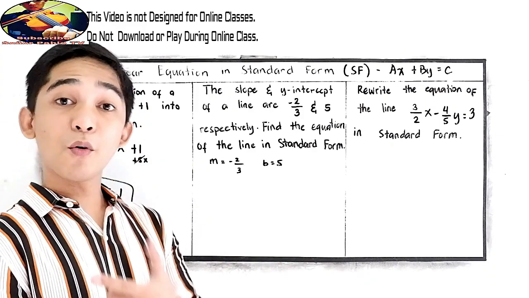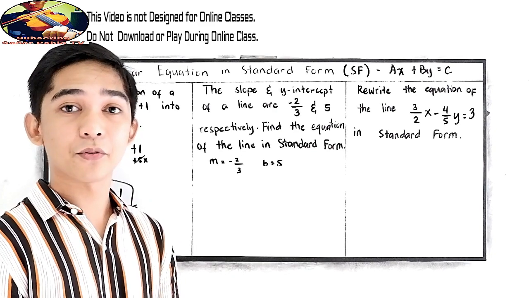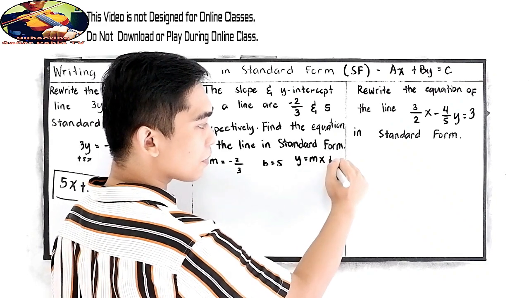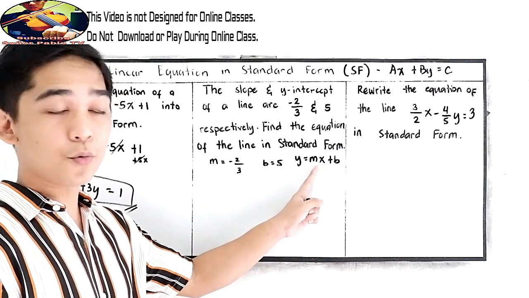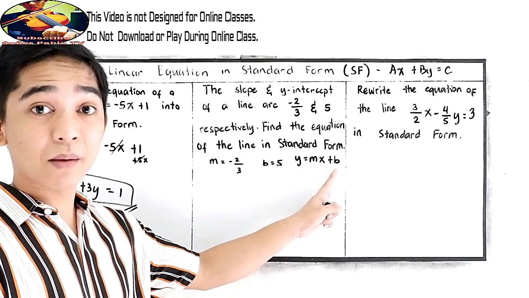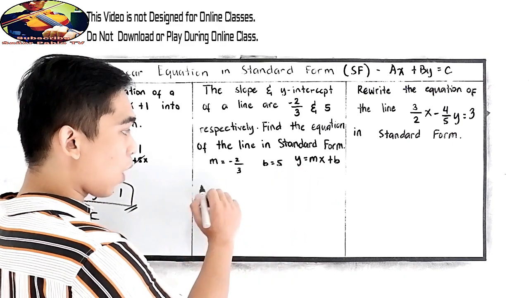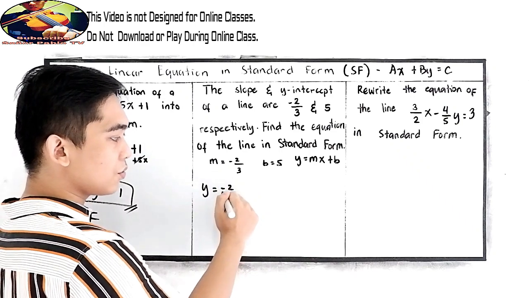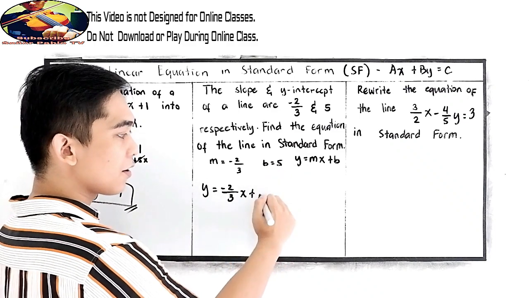In our previous lesson, we discussed the slope-intercept form, the SIF, and that is in the form y is equal to mx plus b, wherein m is our slope and b is the y-intercept. We're going to substitute our given into our slope-intercept form. So y is equal to, our m is negative 2 over 3, then copy x, plus our b is 5.